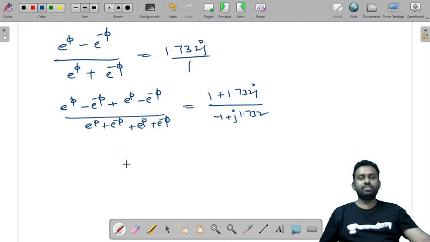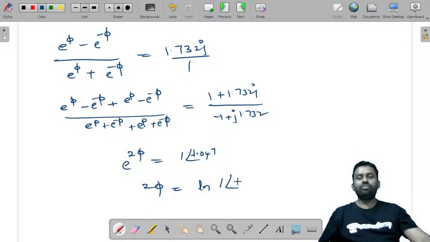If you just simplify this, you'll get e power 2phi is equal to 1 at an angle 1.047 minus 1.047. Still, you can write it as 2 phi is equal to ln of 1 at an angle minus 1.047, or you can take log on both sides.